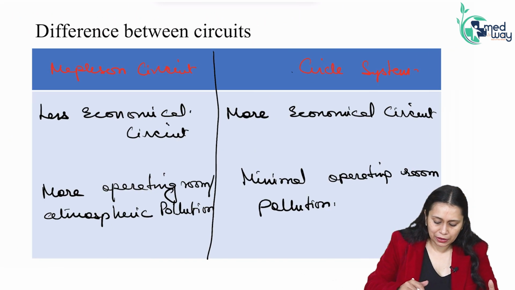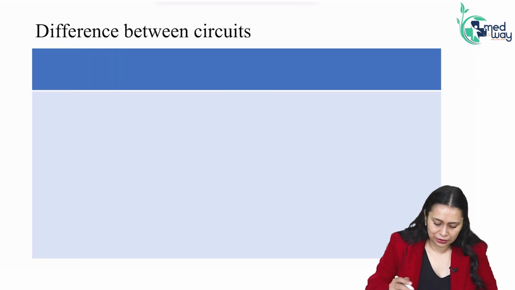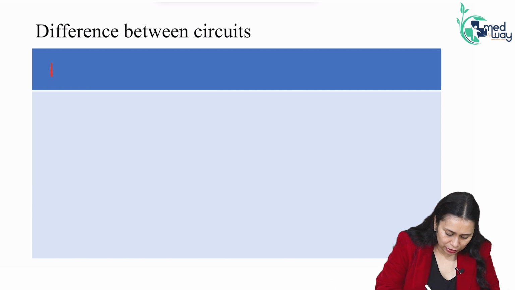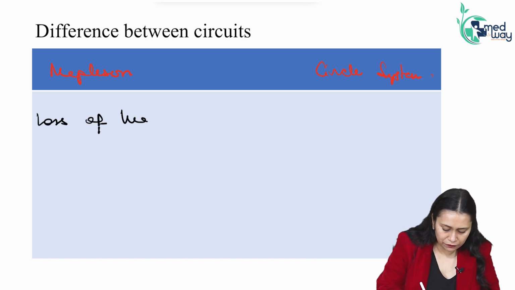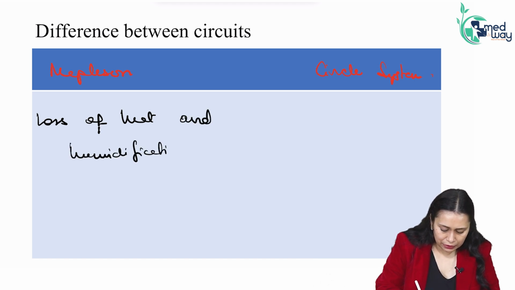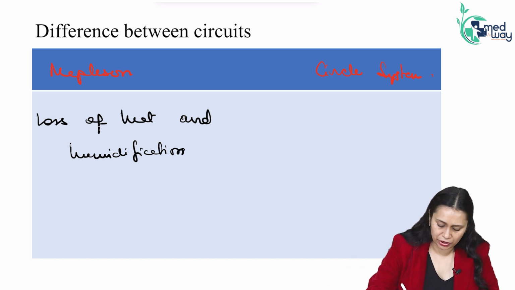So in the Mapleson circuit, there is loss of heat and humidification. In the closed circuit, there is recycling of heat and humidification.